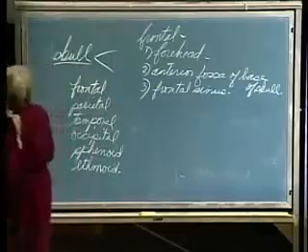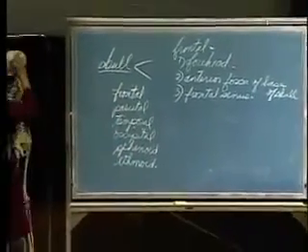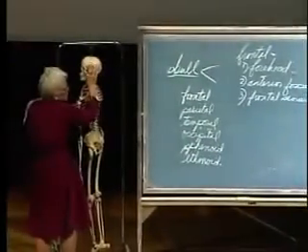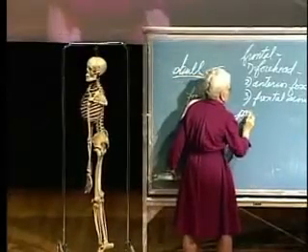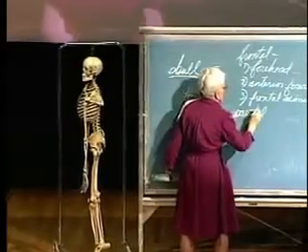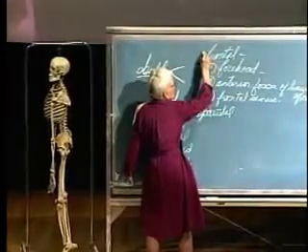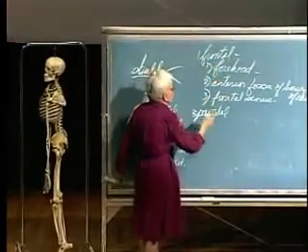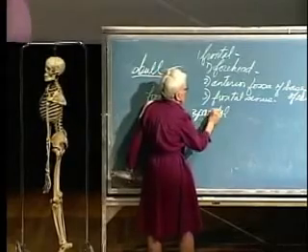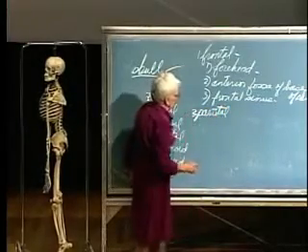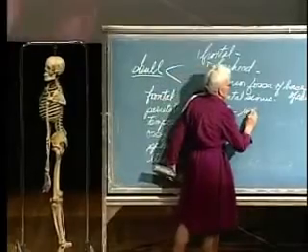So this gives you some of the parts of the frontal bone. The parietal bone, parietal means wall, so it's going to be on the side. There are two of them. The frontal has fused, so you only have one as an adult. Two parietal, wall.